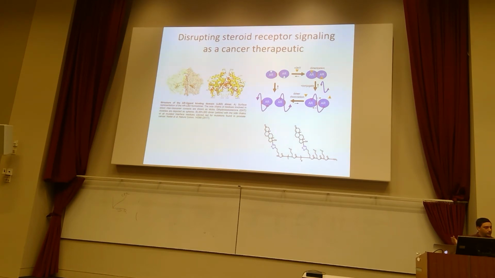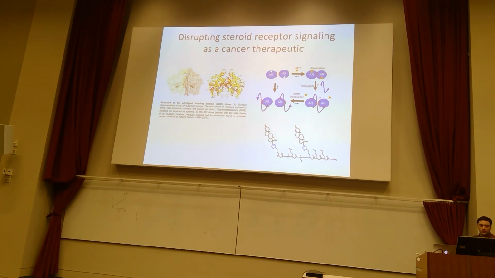You want to talk about this? Sure, yeah. The other thing that we're pointing out is that the active form of the androgen receptor as it engages the DNA is as a dimer, and that structure on the left shows how that dimer is organized. And one idea that's occurred to us is to just put ligands onto a molecular scaffold in such a way that we'll be able to bind to both copies of the androgen receptor as it forms a dimer, in such a way that we can block the site of association where those two proteins come together.